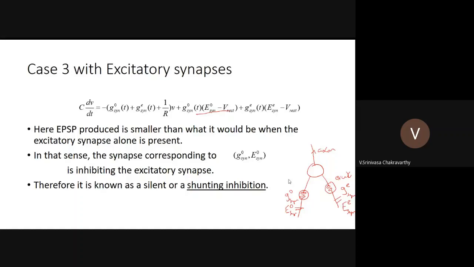This kind of inhibition is produced by channels for which the reversal potential is equal or roughly equal to the local membrane potential, and that kind of inhibition is called shunting inhibition. So this is one interesting property of this third kind of channels.